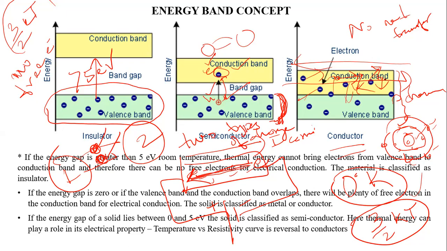So we have only one type of charge carrier in a conductor, called free electrons. However, in a semiconductor, we can have two types of charge carrier, free electrons as well as holes. All right. Remember that.